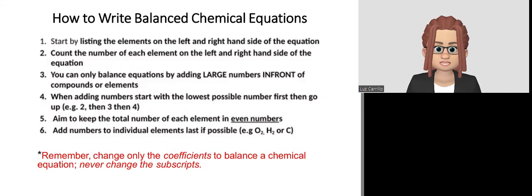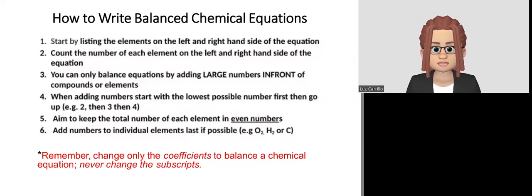So you can see that these guidelines are just telling you that you need to list the elements in the reactants and in the products. You need to count each of them. And you can only balance reactions by adding a large number in front of compounds or elements.